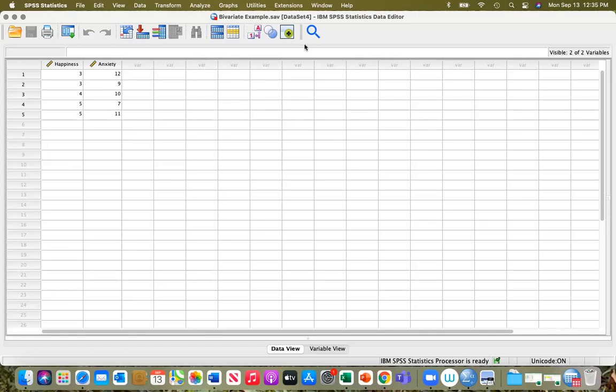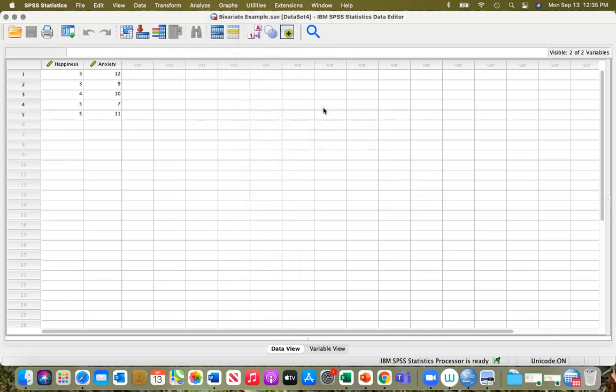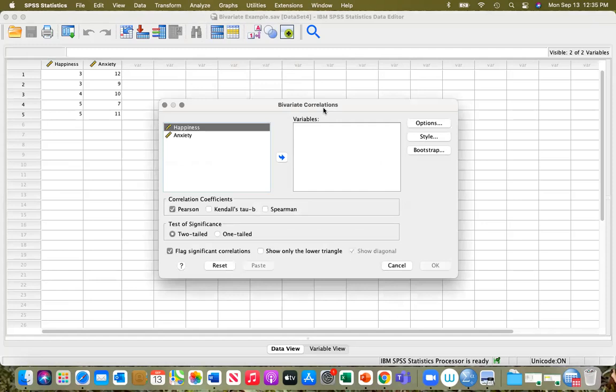So what we do, if we want to measure using bivariate analysis, we go to Analyze, scroll down to Correlate. Then we move over to Bivariate because we're looking at 2 variables that we want to compare, or not compare, but look for relationships. Now, here are the correlation coefficients. We can either use Pearson, Kendall's Tau-b, I've never used that, or Spearman.